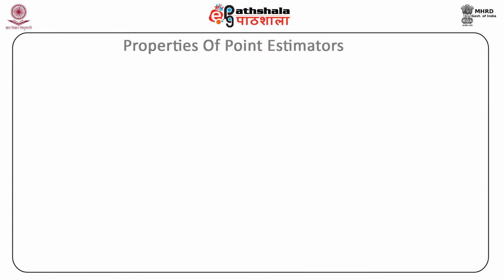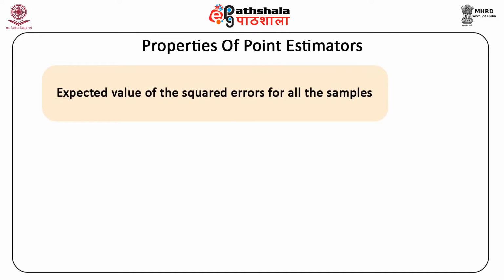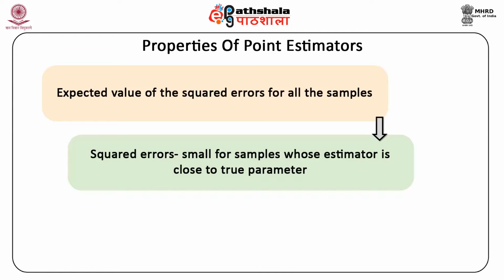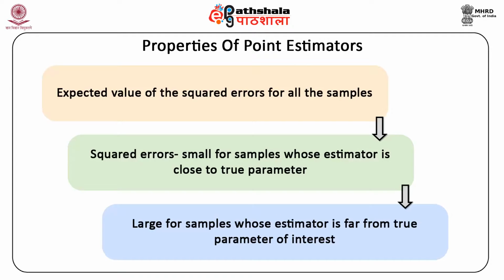It is the expected value of the squared errors for all the samples. Squared errors will be small for those samples for which the estimator is close to the true parameter, while it will be large for those samples for which the estimator is far from the true parameter of interest.